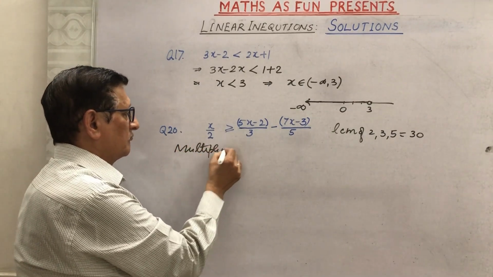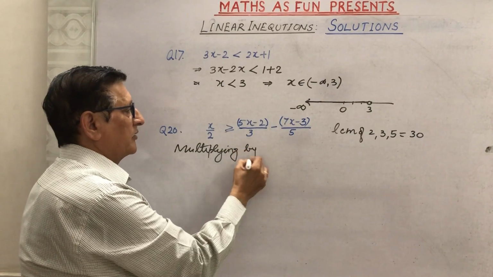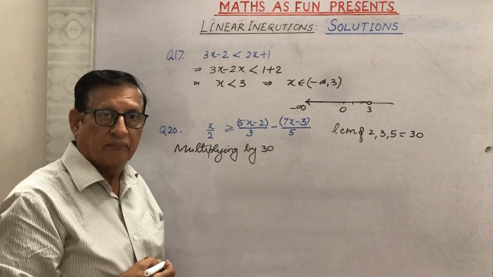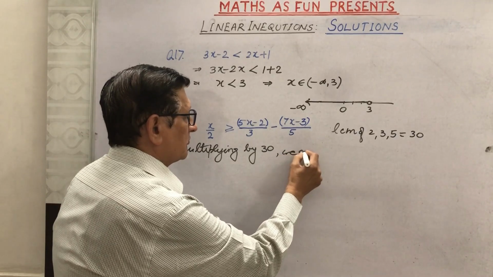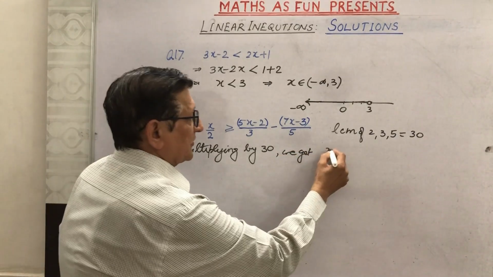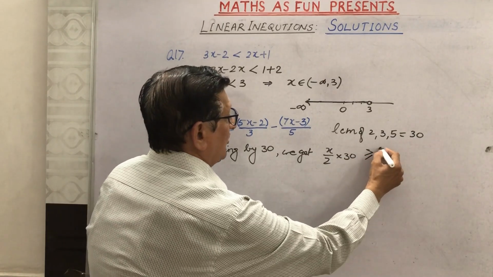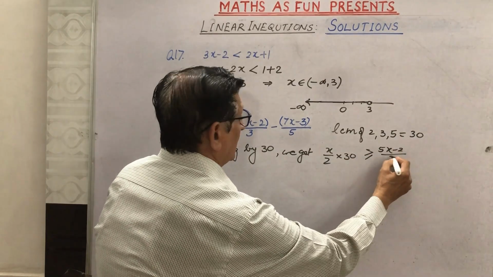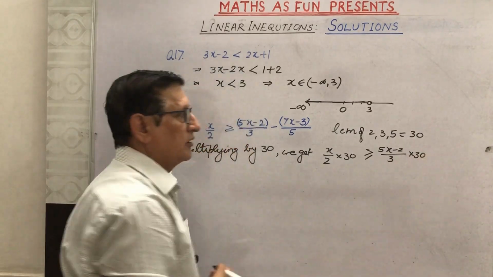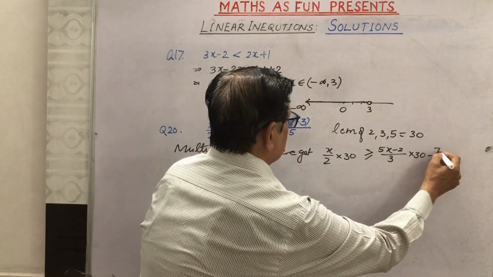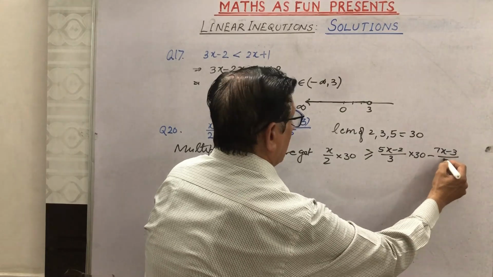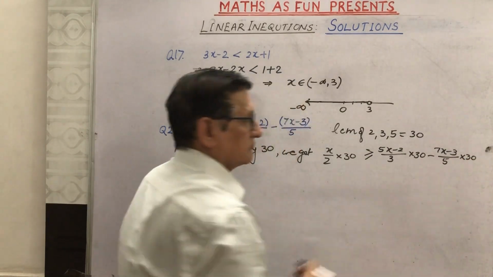Multiplying by 30, we get x upon 2 into 30 is greater than or equal to 5x minus 2 upon 3 into 30 minus 7x minus 3 upon 5 into 30.